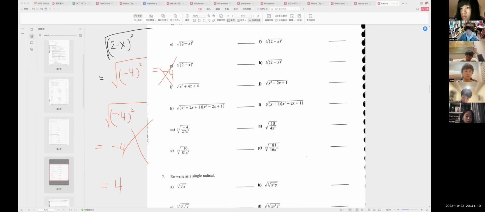So that's why everybody, when you have the square root of a square number, Vicky, very important, okay? This part equals the absolute value of 2 minus x. Okay, you have to have this one. But for the cube root, it doesn't matter, because a cube root could be negative or positive. Correct, everybody?